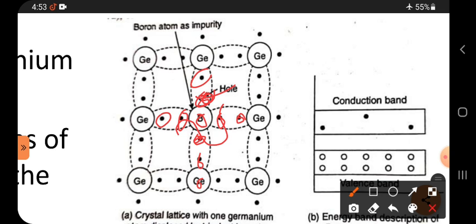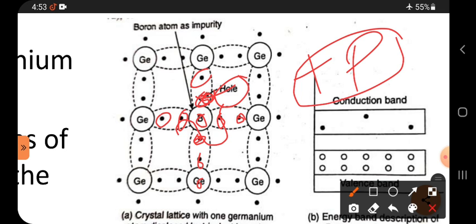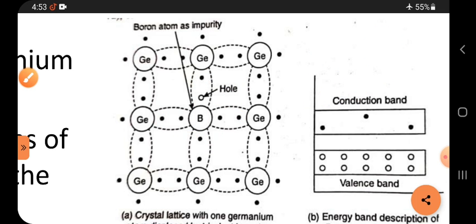This vacancy we call a hole, having a positive charge. That is why this material is called p-type. P stands for positive.